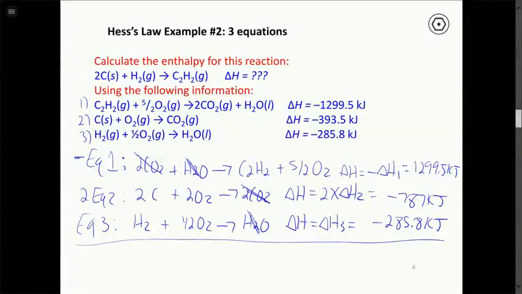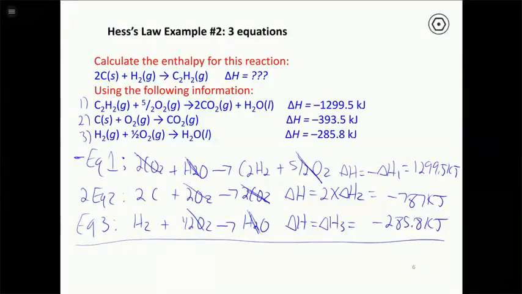If we go back down to the rest of the reactants, we have 2 carbons that don't cancel out with anything, but our 2 O2s here, we have 2 O2s in this reaction, we have a half O2 in this reaction, so that's a total of 5 halves O2 on the reactant side, but those are going to cancel out with the 5 halves O2 that's on the product side of this first equation. So all the O2s cancel out, those are not going to appear in the overall equation.